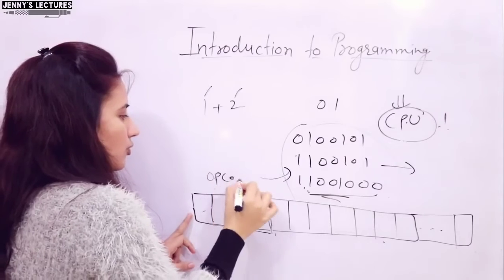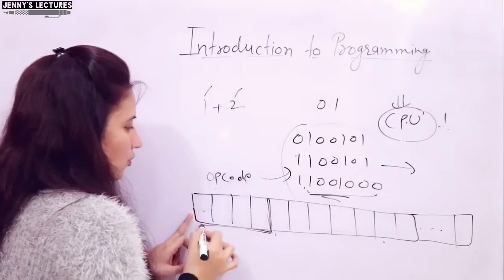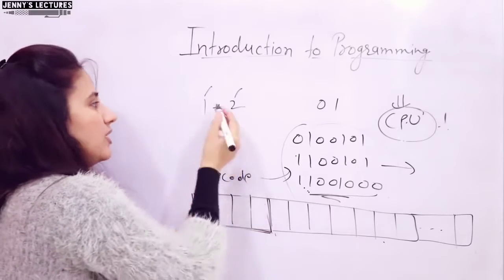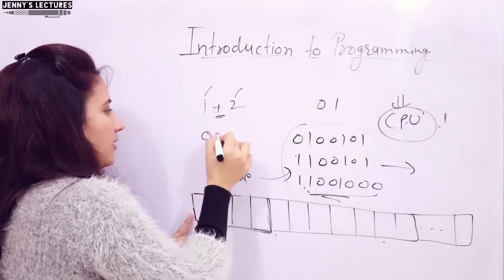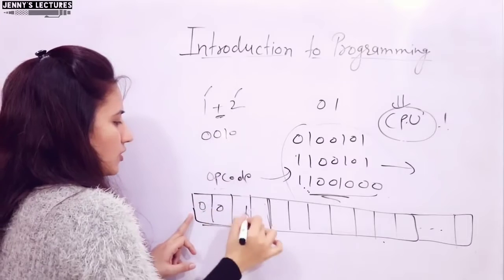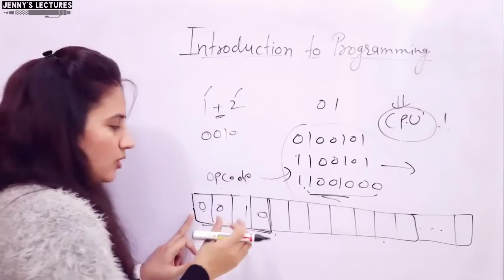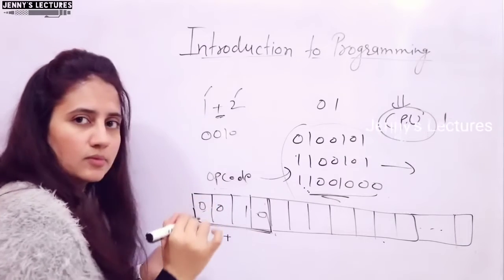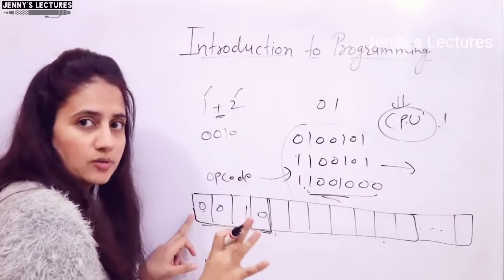Here we write it as opcode. Suppose these first 4 bits indicate this plus, and suppose here for plus I write 0010. So the computer will understand that this is for plus, that it has to perform the plus operation, right?